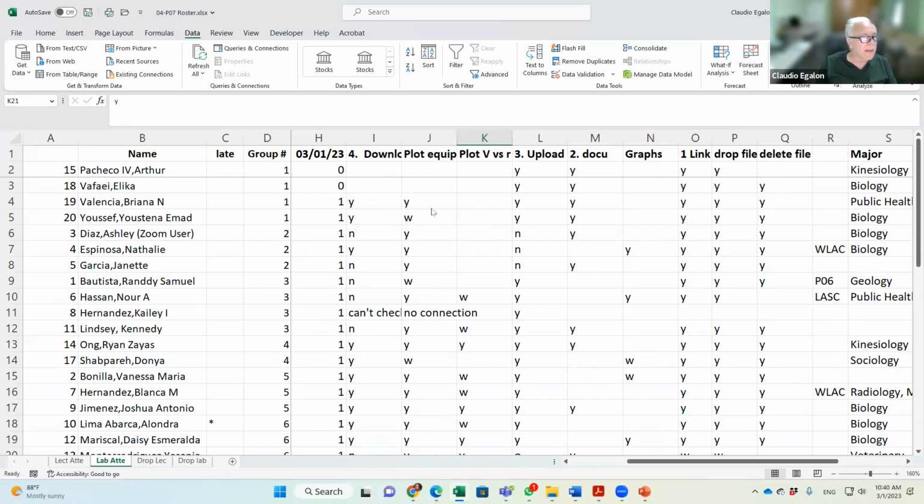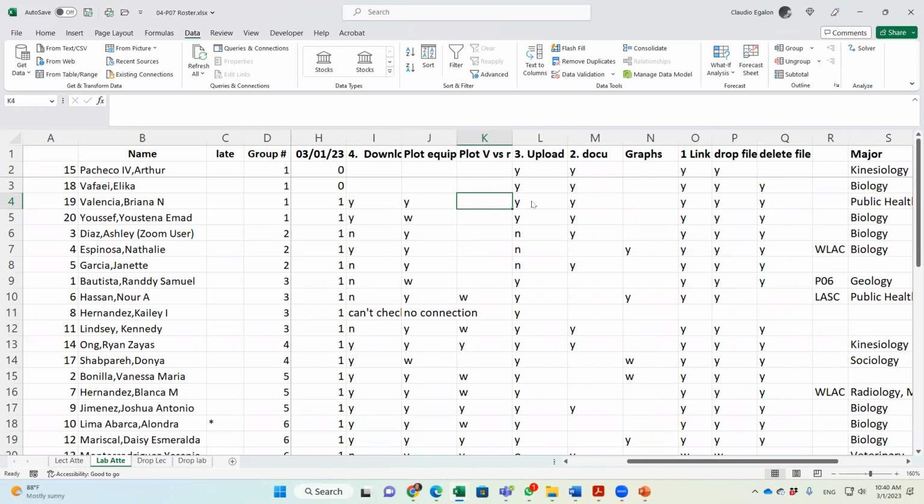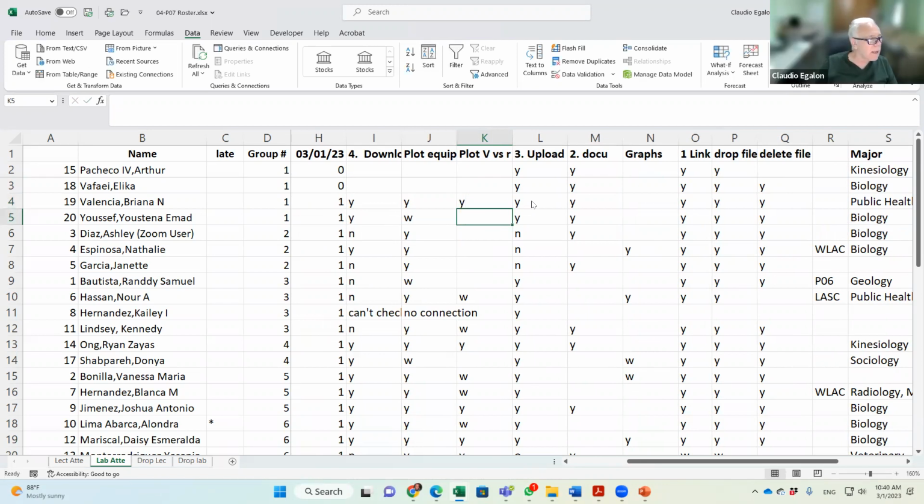Next, let's go back here. Brianna, I didn't ask you whether you plotted the second graph. Yeah, I have both of them done. Oh, good. So, Justina, did you manage to finish the first graph? Yes. What about the second?